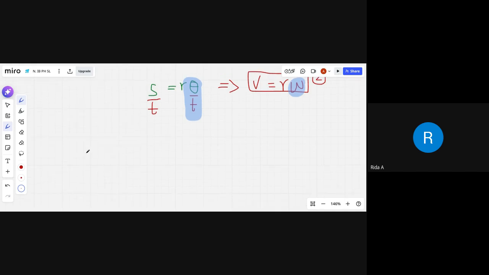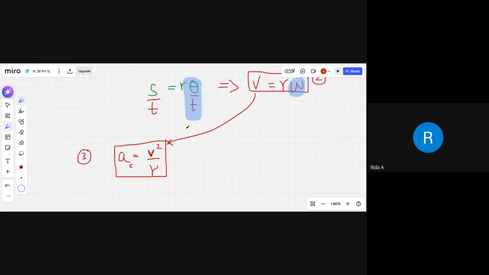Instead of deriving it, I would just ask you to learn this. Centripetal acceleration has this formula: v squared over r. And then there's a second formula that you can derive.